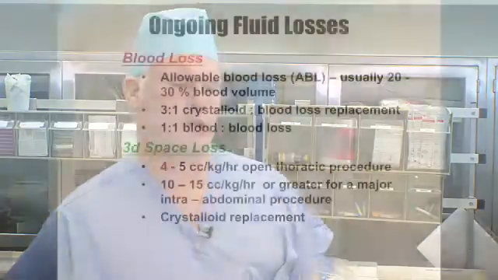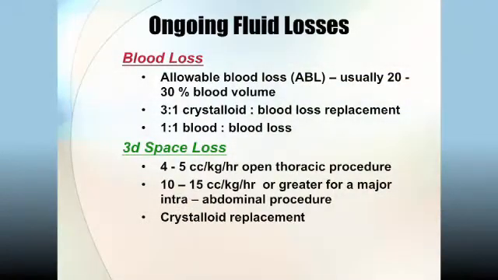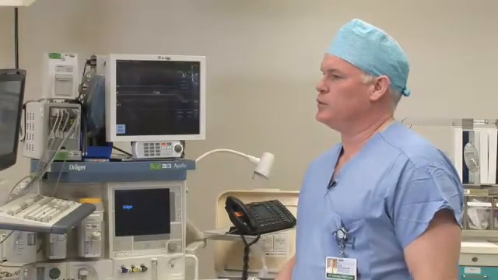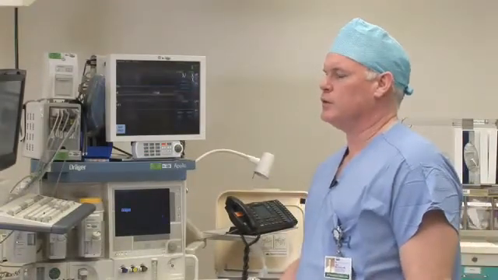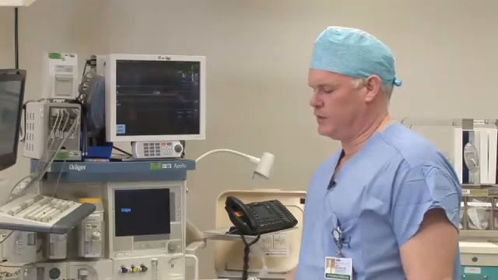Third space fluid losses are determined by the surgical procedure that the surgeon is performing. For thoracic procedures, when the chest is open, there can be evaporative or third space losses, which can be up to 4 to 5 cc's per kilo per hour.